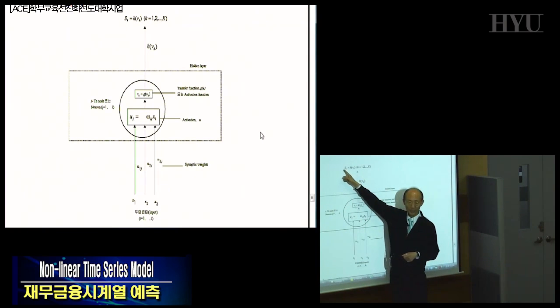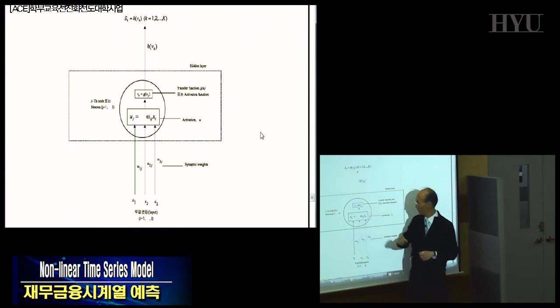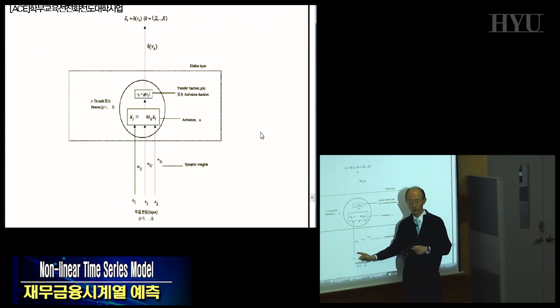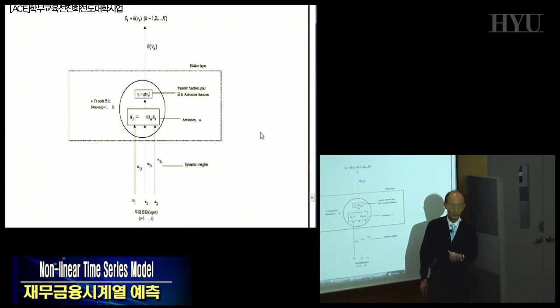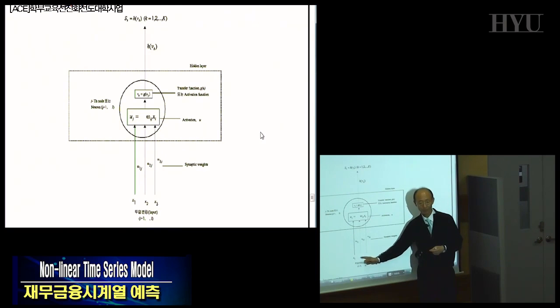So this is the data. For each bank, we look at their financial ratio, Tier 1 capital ratio, or delinquency ratio, or some other ROA, ROE, those numbers, okay? And those are this data.